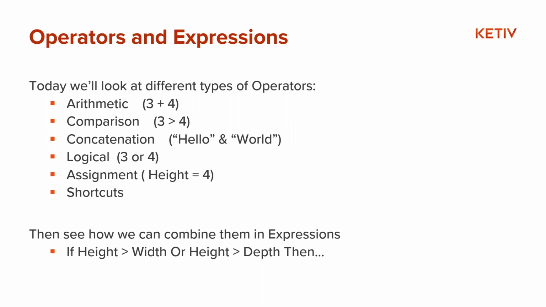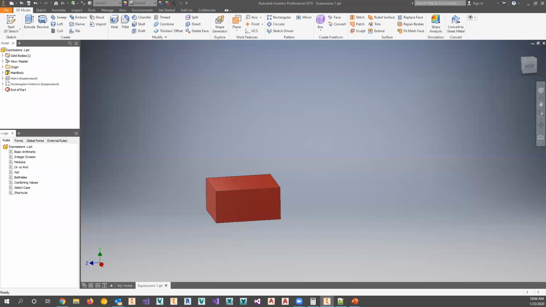Then we'll tie it all together and see how we can make some expressions with all of these new options in your toolkit. So let me go ahead and get Inventor open here, and we'll get started.